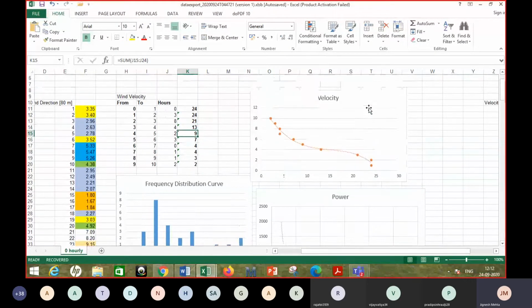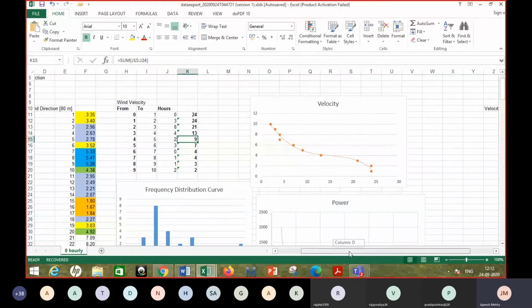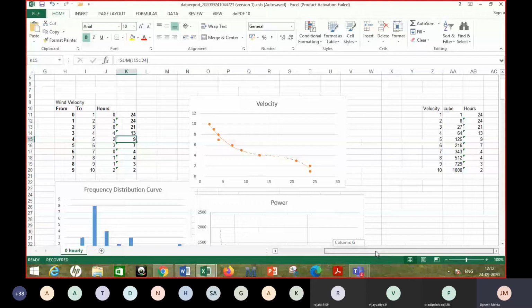Okay, then velocity duration, velocity, if you make cube of that, right? So if I make cube of 1, now I'm not making the cube of the actual velocity, but I'm taking the cube of this number 1, 2, 3, 4, and so on.